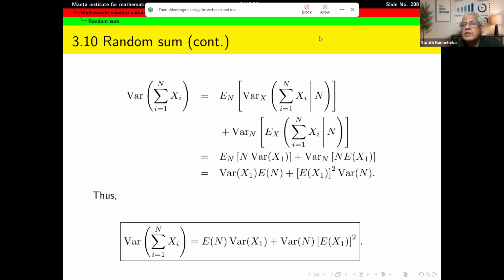The number of terms appearing in the sum is a fixed value, like n usually, the sum of Xi's for i from 1 to n. But there are situations where we are adding several random variables and the number of random variables we are adding is also random.